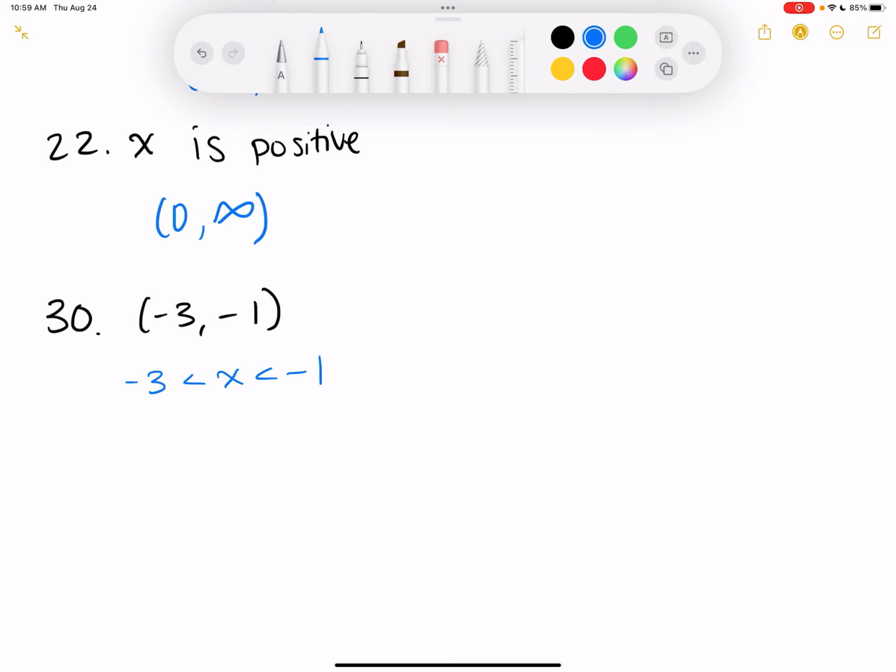Yep. And then what are my endpoints? -3 and -1. And then are we bounded or unbounded? And is it open or closed? Bounded and open.